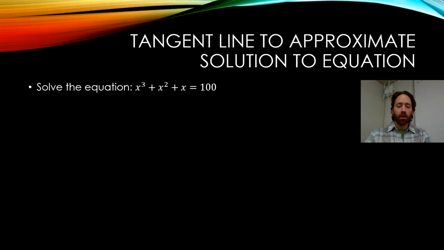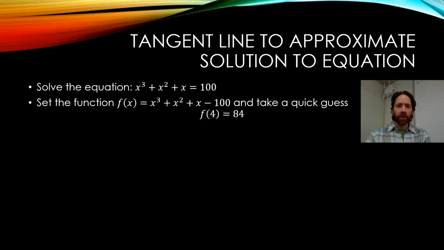So how do we solve this equation? Well, we'll think about the function f of x equals x cubed plus x squared plus x minus 100. We want to find a 0 of this equation. All right, so the first guess that comes to mind, x equals 5, is going to be way too big.